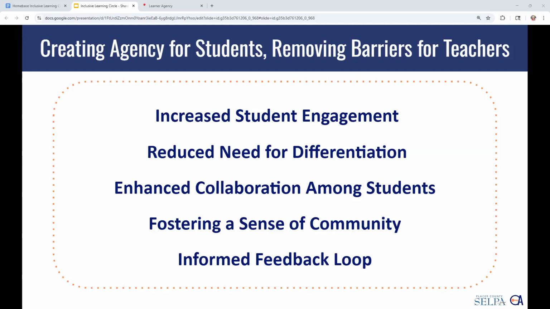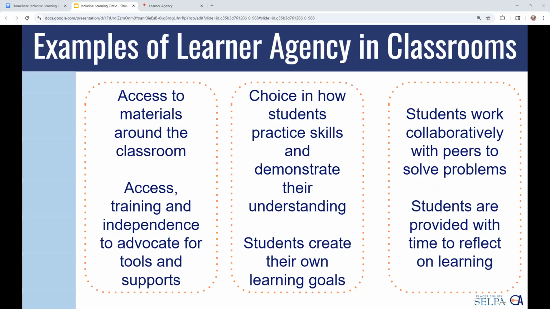We see peer teaching happen quite often, and really understanding what each student within their group brings to the table, and being able to see the strengths within their classmates that might not have always looked like strengths because they haven't had the opportunity to present material in different ways or to show their learning in different ways. And then it really does foster that sense of community as well, when there's a clear ownership within students in their learning environment.